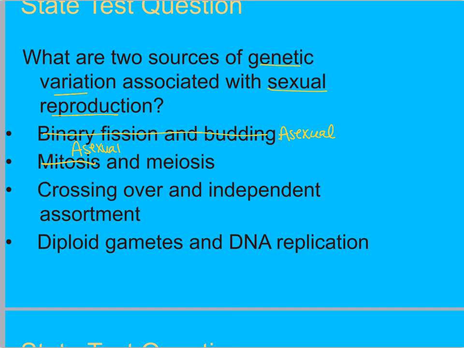Meiosis is a type of sexual reproduction, and it's asking for the sources of genetic variation in sexual reproduction, which is meiosis. Are gametes diploid? No, they're haploid. Okay, so it is crossing over. Remember, that's when your chromosomes switch legs, so you're swapping genetic information. And then the other part is independent assortment, and that's how the chromosomes line up independently of each other.